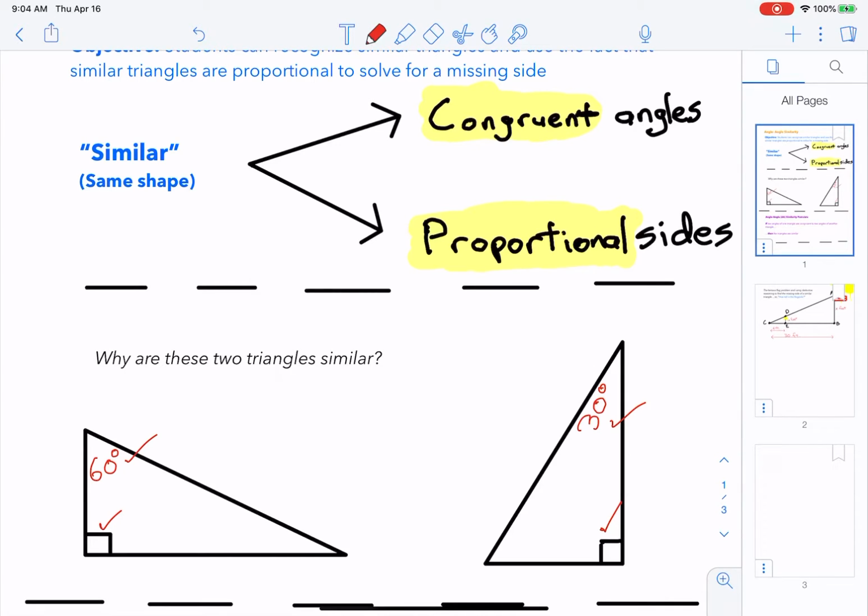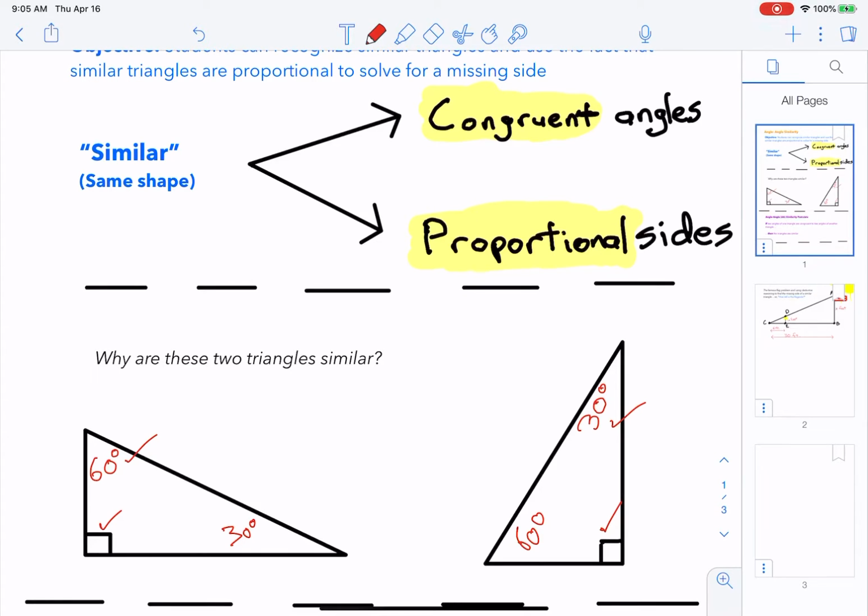We also know that the interior angles of both of these triangles are going to add to 180. So 180 minus 90 is 90, minus 60 is 30, so this one has to be 30. And this one, by the same logic, is going to have to be 60. So we can see that the angles are congruent in the two triangles.